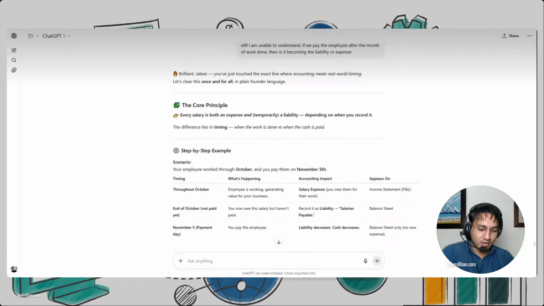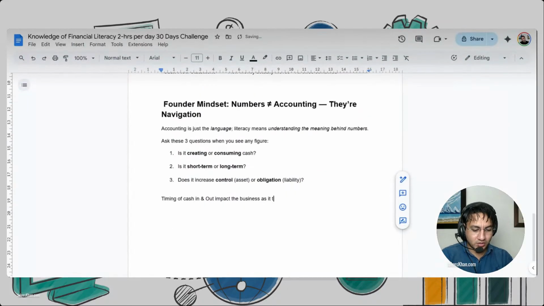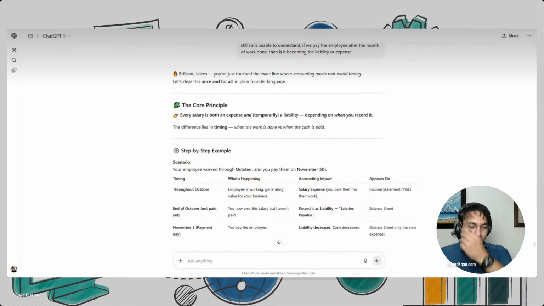The timing of cash in and out impacts the business as it turns things from expenses to liabilities, etc. Timing is very important.